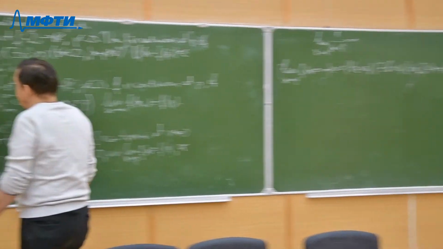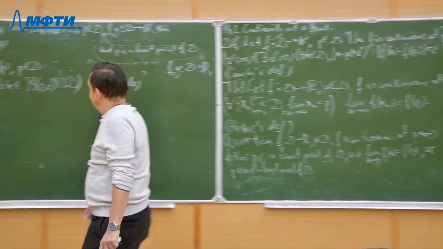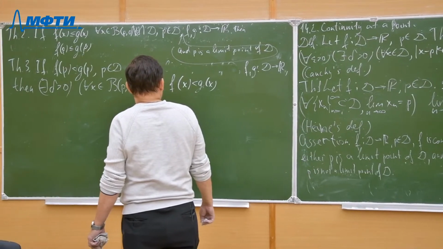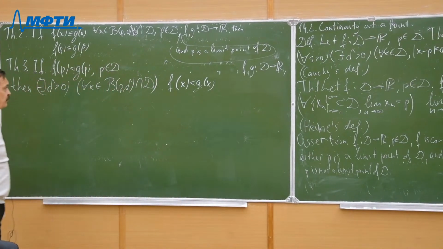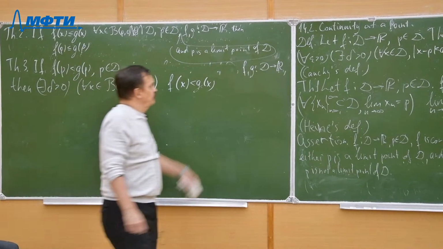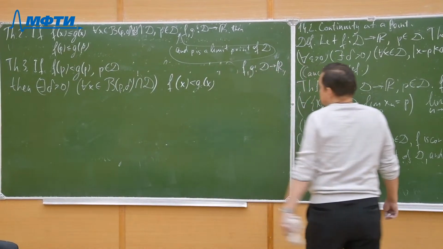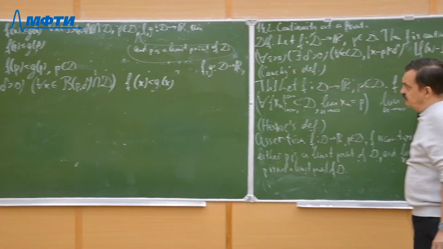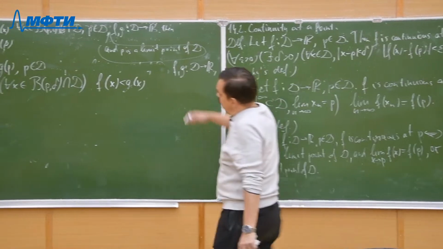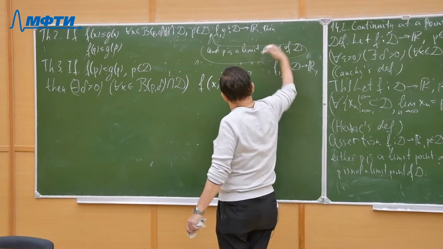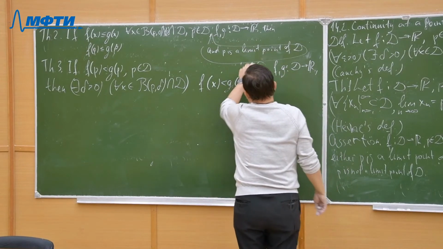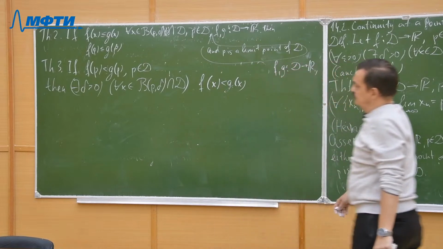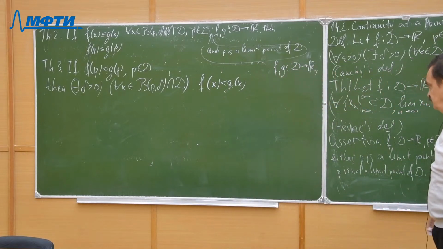Okay. So I'll continue to reformulate results for the limits, what they mean for continuous functions. Of course, you should be careful because, for example, here you should suppose that P is a limit point, but in the converse assertion, this need not be supposed.